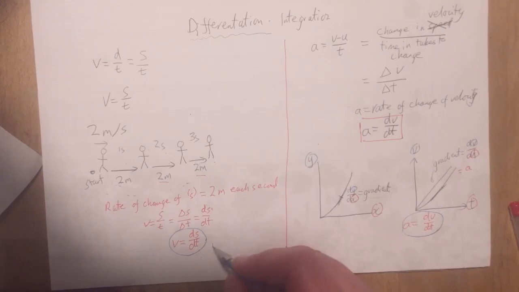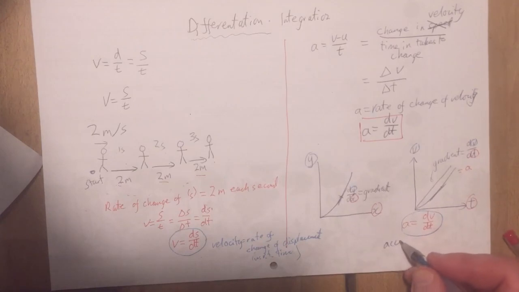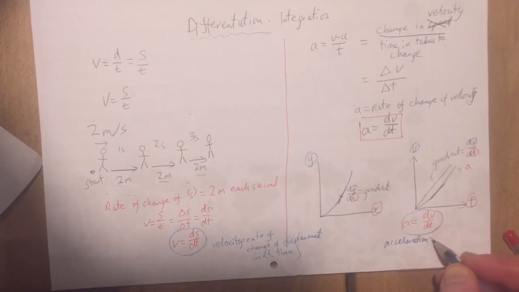So the velocity is the rate of change of displacement with respect to time, if you want to put it that way, and the acceleration is the rate of change of velocity with respect to time. They're almost always with respect to time.